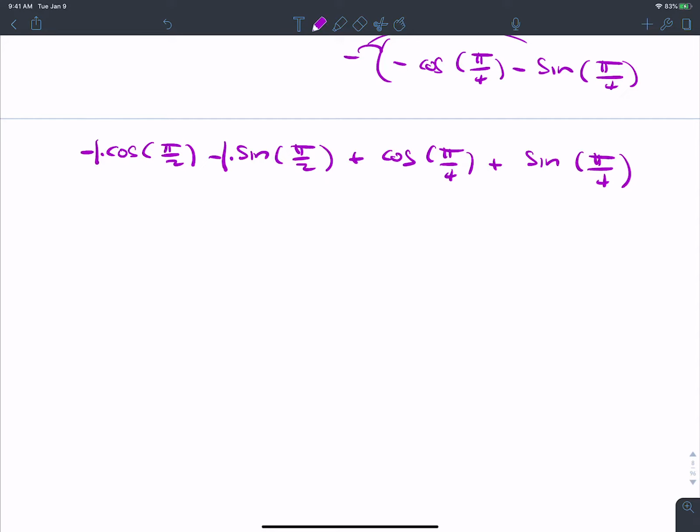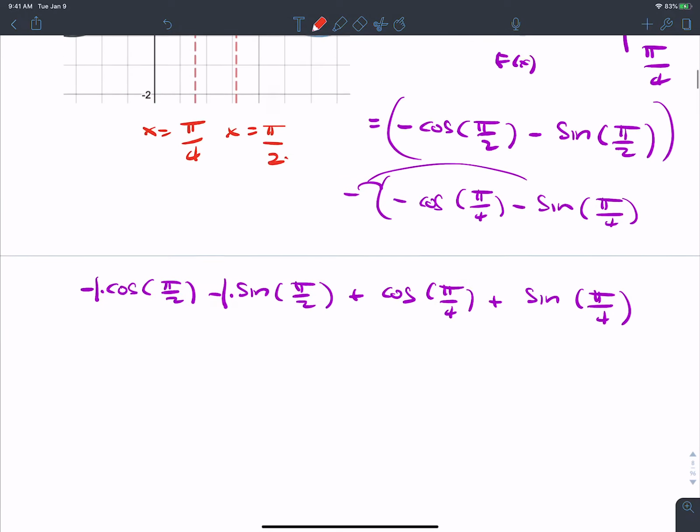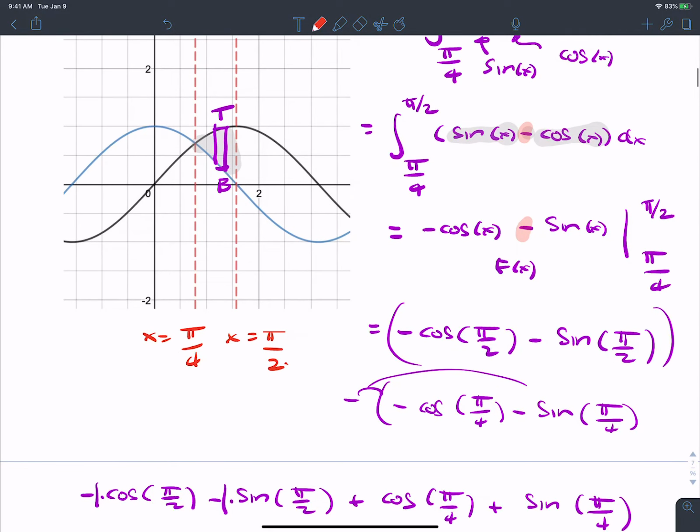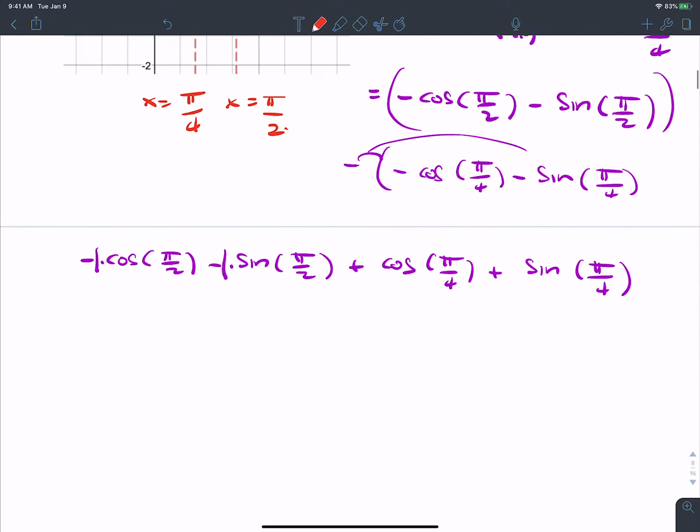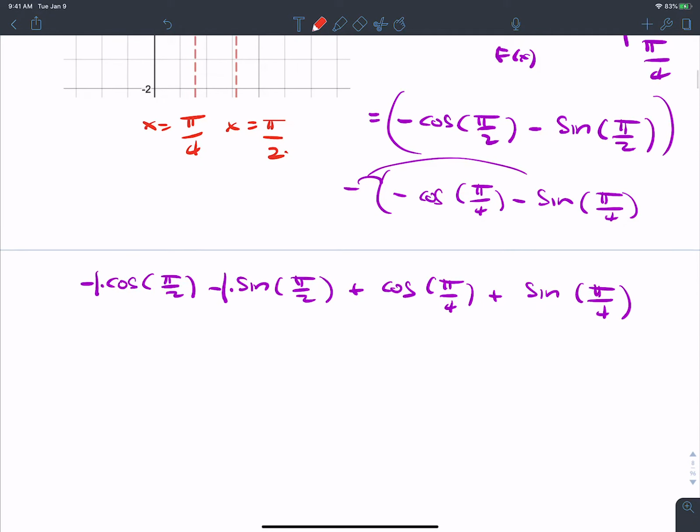So do you know what's cosine 90 degrees? Anybody remember? 0. Is that 0? If you have to, you go back to the curve here. Right? Cosine of 90 degrees is, I believe that's 0, right? What's sine of 90 degrees? 1. Okay, what's cosine of 45?